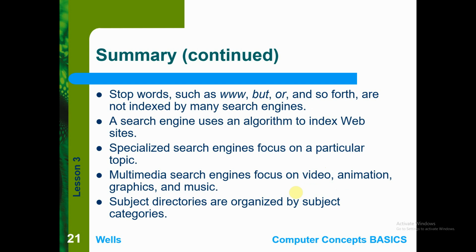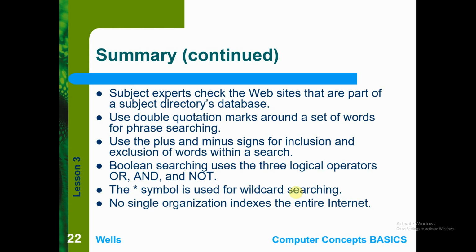There are also multimedia search engines for video, animation, graphics, and music. And subject directories are organized by subject categories and subcategories, and subject experts check the websites that are part of the subject directory database.